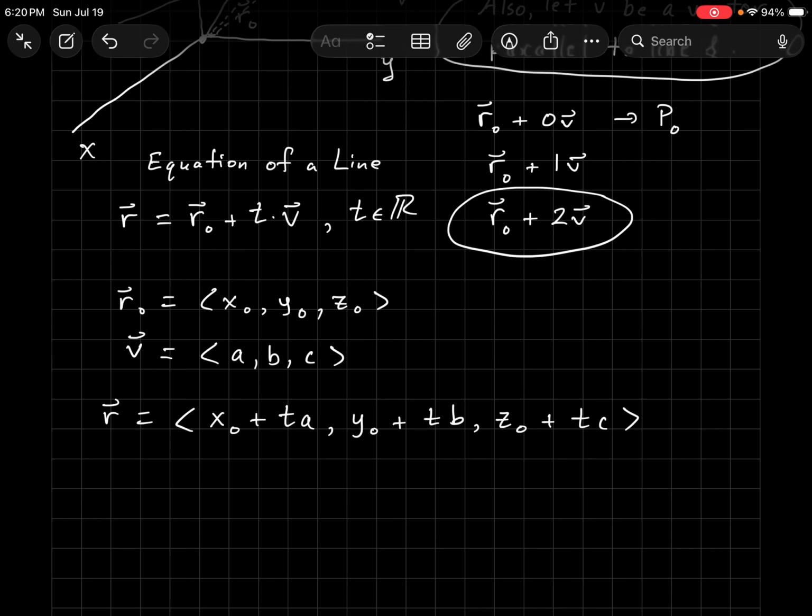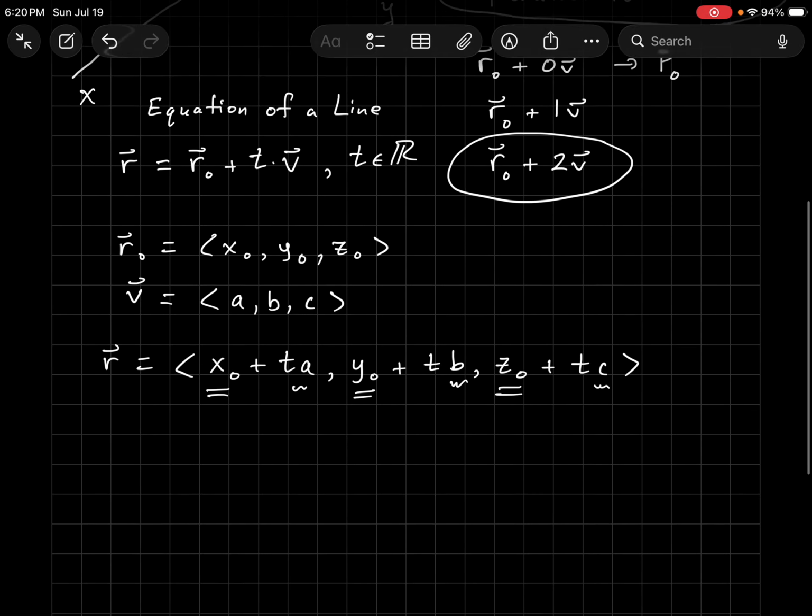So you can almost think of this line in the following way, where we have a starting point x naught, y naught, z naught, and then we can take each component separately. We have parameterized our equation. And you can think of a, b, and c sort of as being respective slopes in x, y, and z. That helps me think of it sometimes when I'm doing problems.